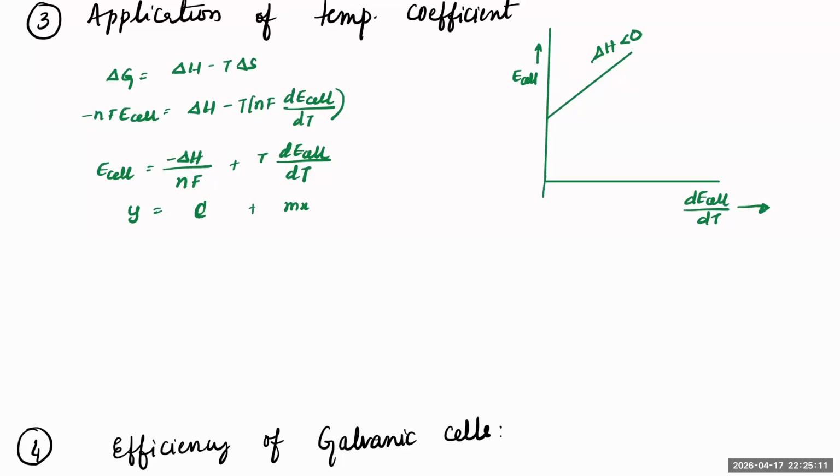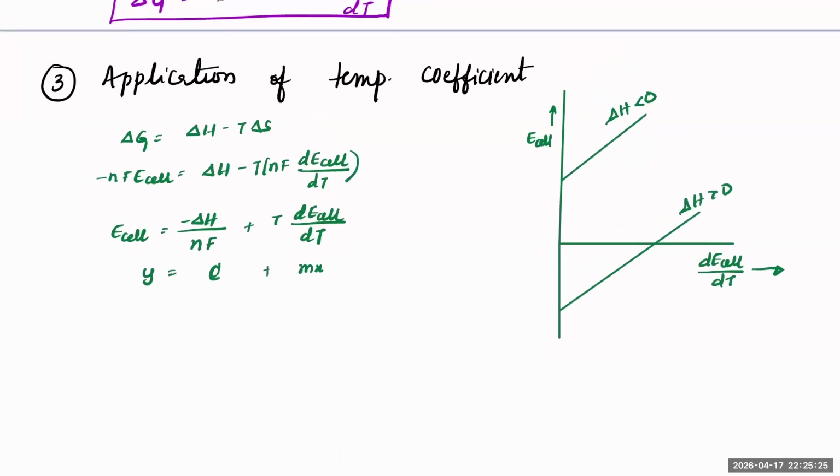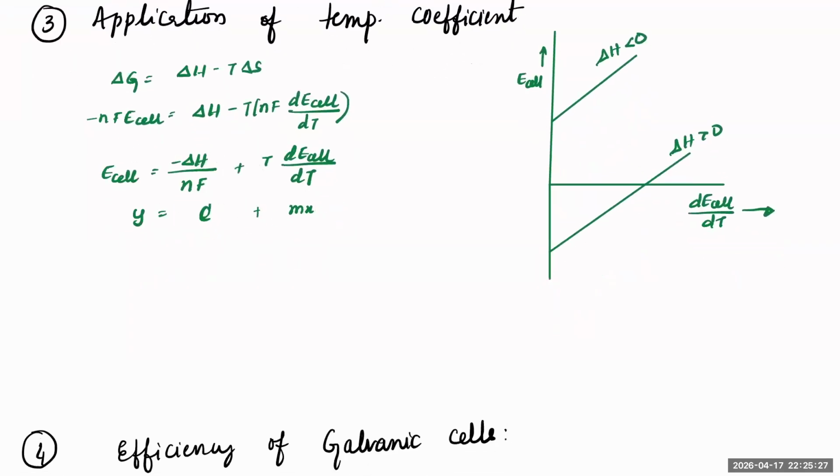If delta H is greater than 0, that means it is endothermic, and in such a case the same equation will go like this. So this is the application of the temperature quotient, how you can relate it with the E cell.